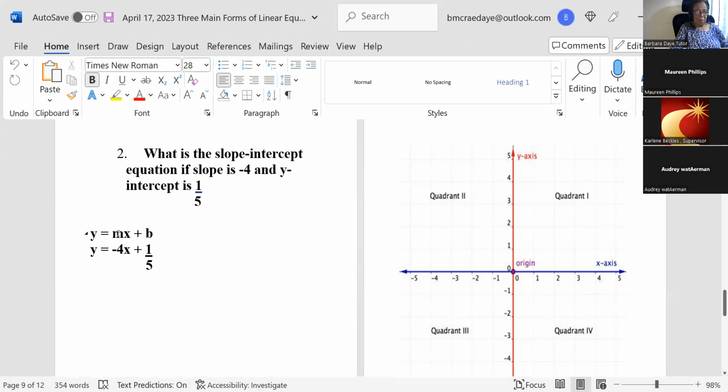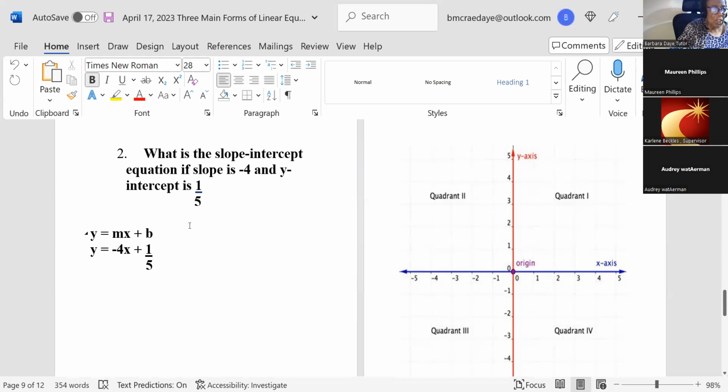And what is m, Maureen? What is m? -4x. No, what is m? General. -4. m is the slope. Yeah, it's a -4 here, but I want you to know that m represents the slope.